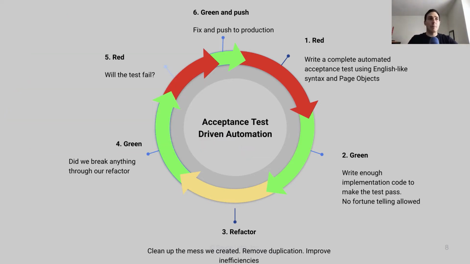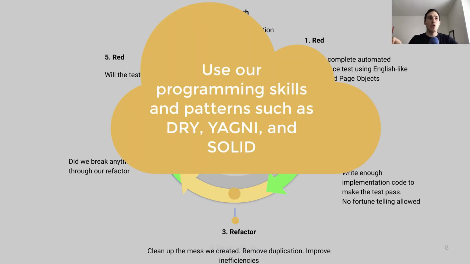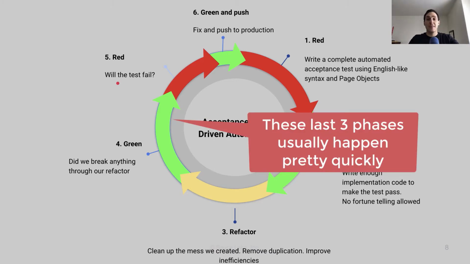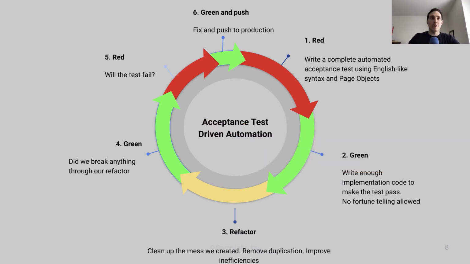We will clean up the mess we made, remove duplication, and remove any kind of inefficiencies. The fourth phase is back to the green phase, where we check, did we break anything through our refactoring? Afterwards, we check that our test will actually fail when it's supposed to fail. And at that point, we'll do the green and push, where we fix the test and push it into production to start monitoring our systems.